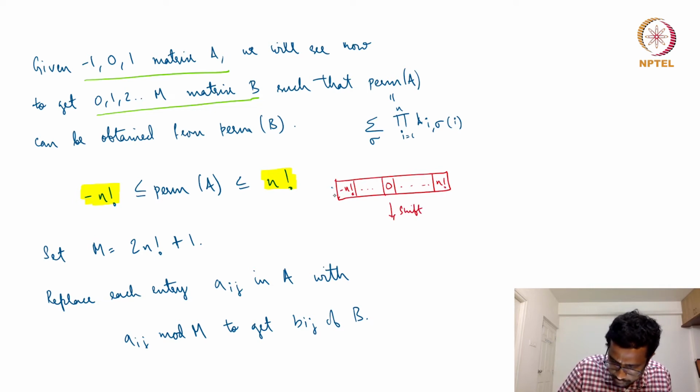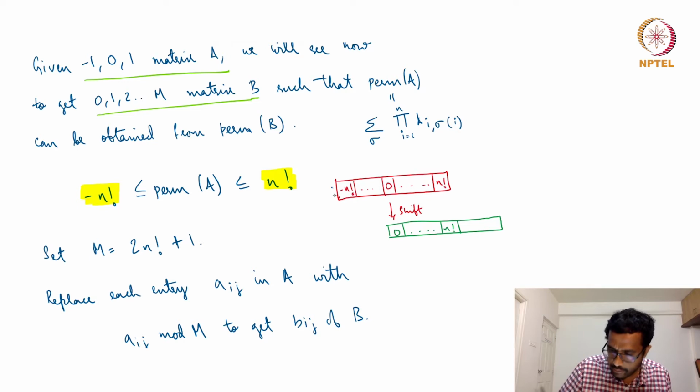We will shift it so that 0 to n factorial remain at the same place, but the negative values get shifted, so -n factorial will actually become 2 times n factorial.